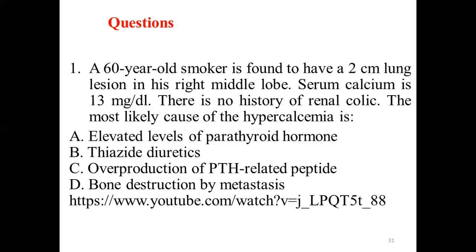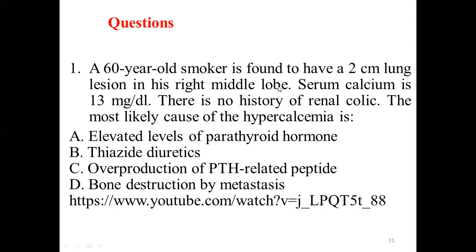Okay, then the last session, in the next few minutes, we're going to do a practice question. They are just very simple and related to what we have discussed. So you can see question number one. A 60 year old smoker is found to have a 2 centimeter lung mass.